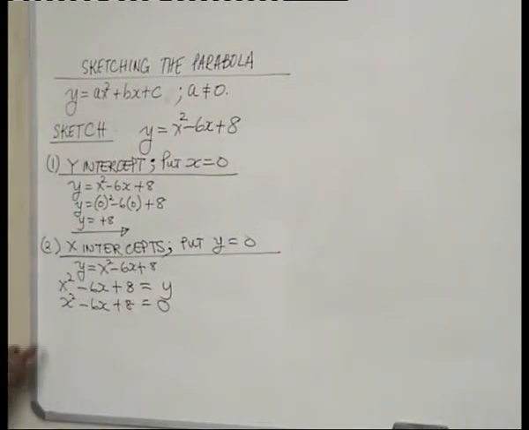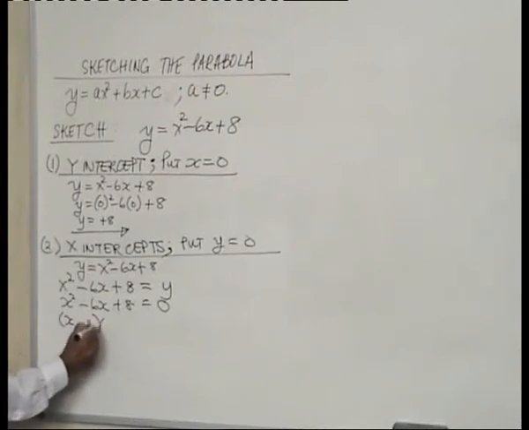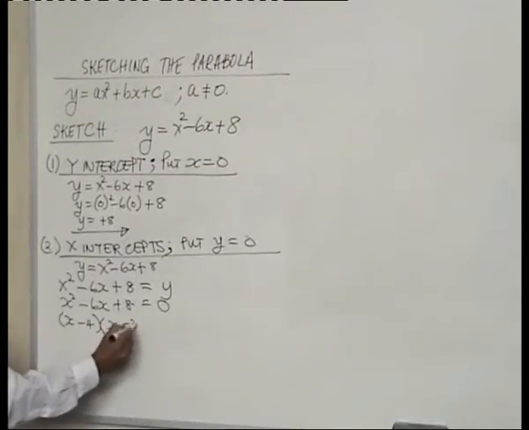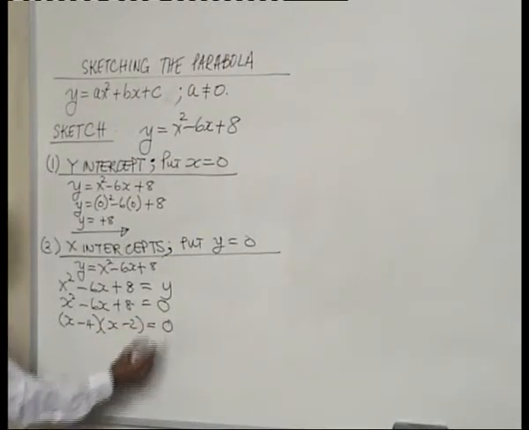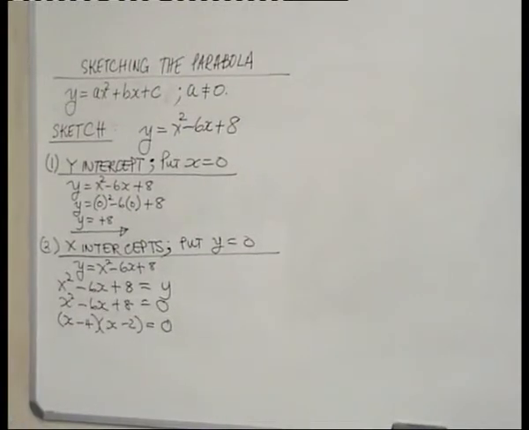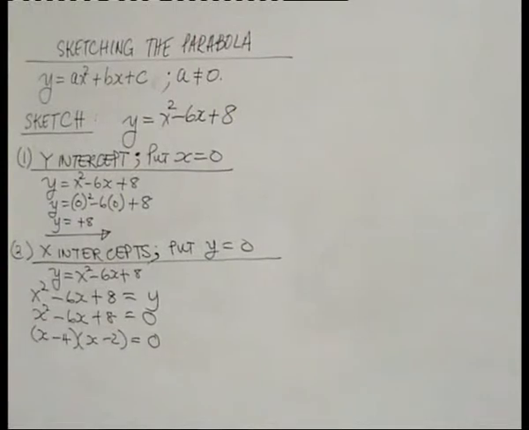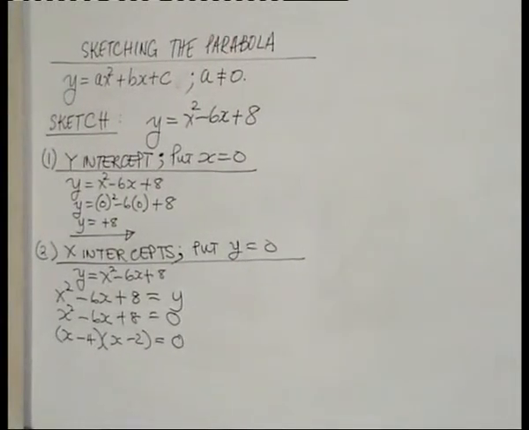From your knowledge of factorization, you will factorize this, and your factors are x minus 4 into x minus 2. Don't forget to test x times x, x squared. Minus 4 times minus 2 plus 8. Minus 4x minus 2x gives you minus 6x. The testing is very, very important to make sure that you've got the right factors here.